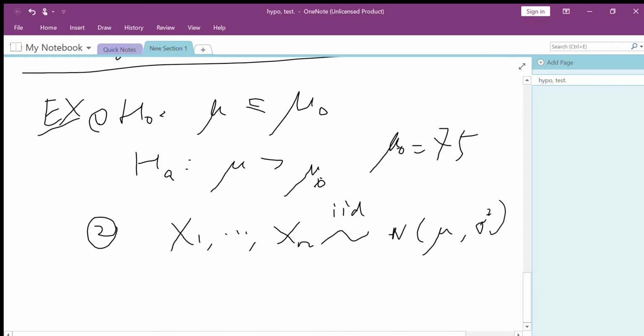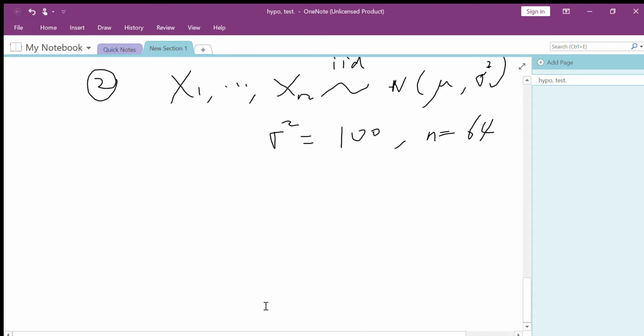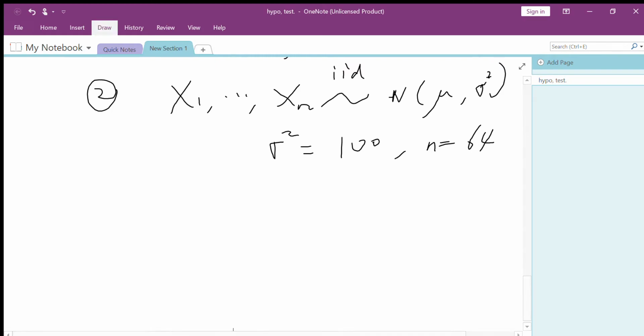And mu is the unknown. We would like to test mu, do hypothesis testing on mu, and sigma square is given as 100, and sample size is given as small n equals 64. This is our second step, get a random sample from population.